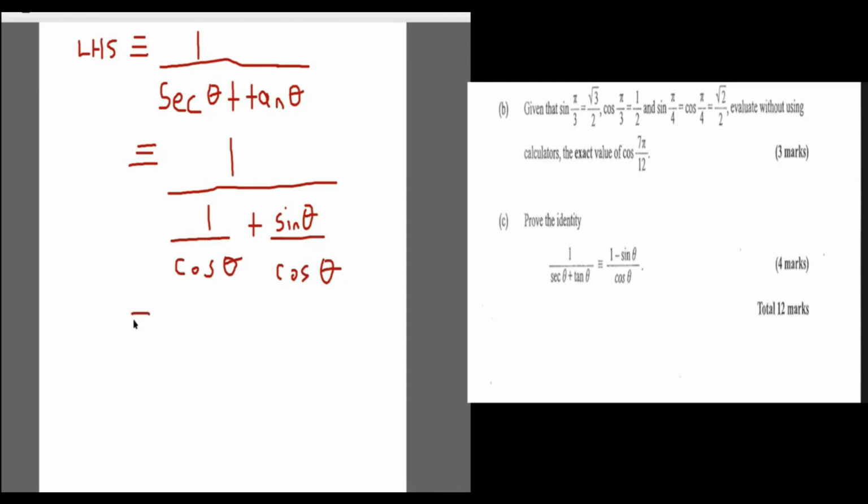So when we add them, what we're getting is 1 over 1 plus sine theta over cos theta. So this is all we have.